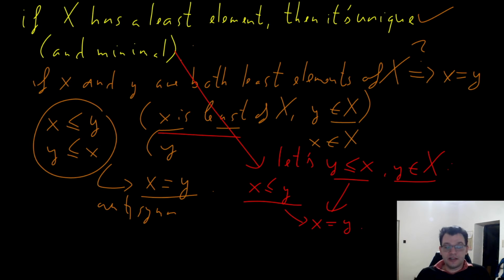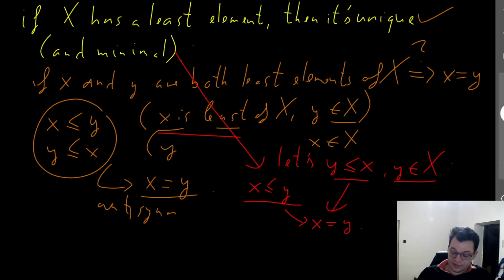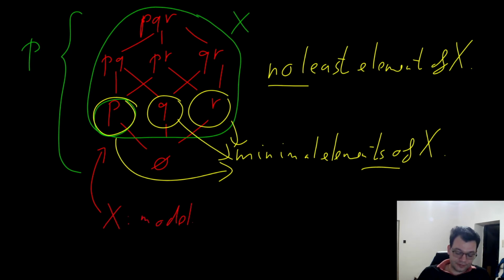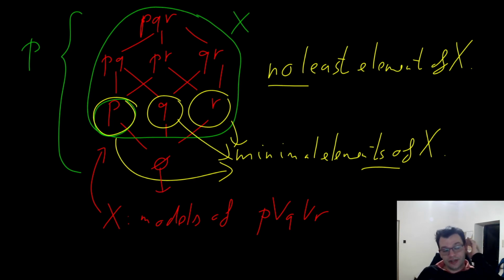Now, what does it mean? It means that if there is a least model of a logic program, then it should be the one and only semantics, because if there are many models of a logic program, so for example, in the previous example here, we can say that these elements of X are models of a formula, say P or Q or R. So this one here is the assignment which assigns P false, Q false, and R false, and that's not a model of this formula, because under this variable assignment you will get false, 0.